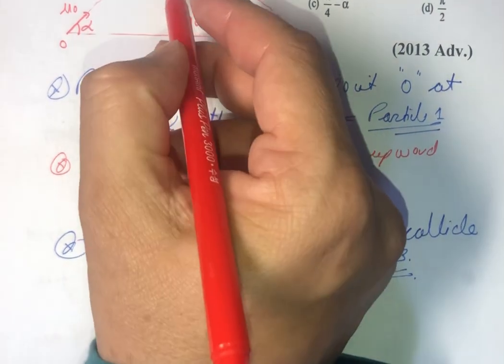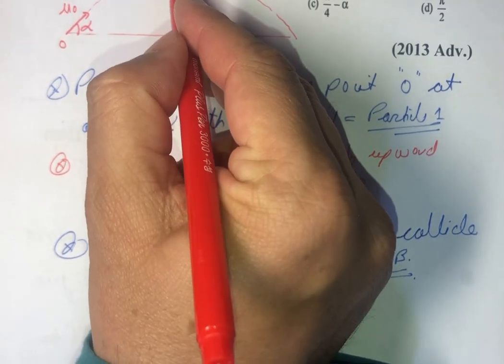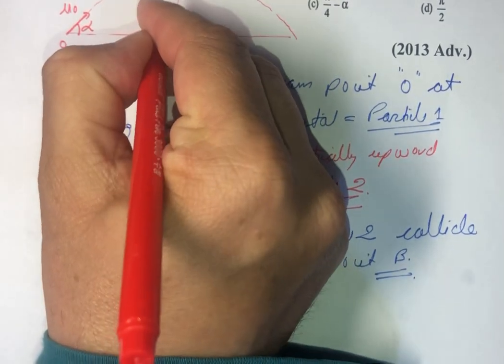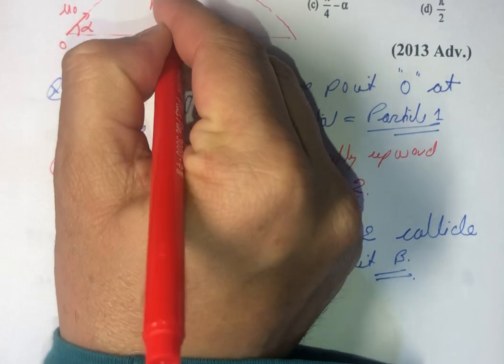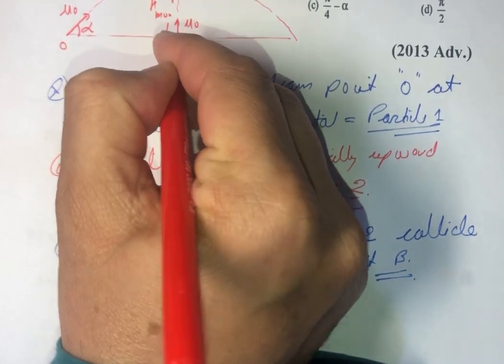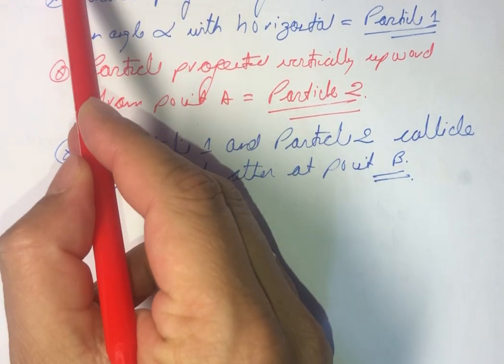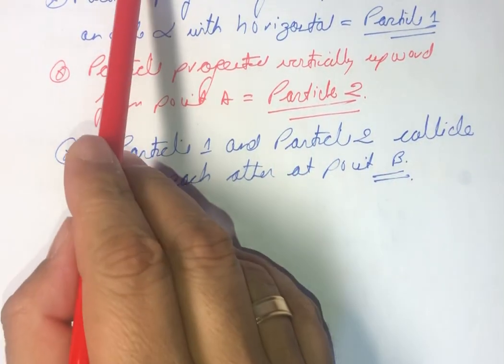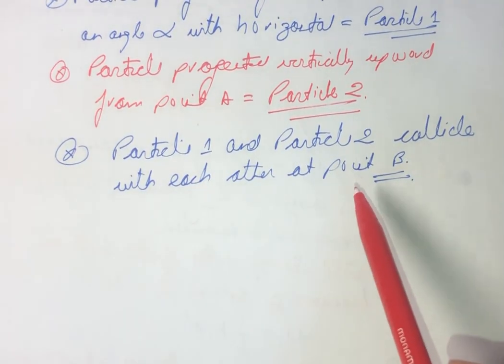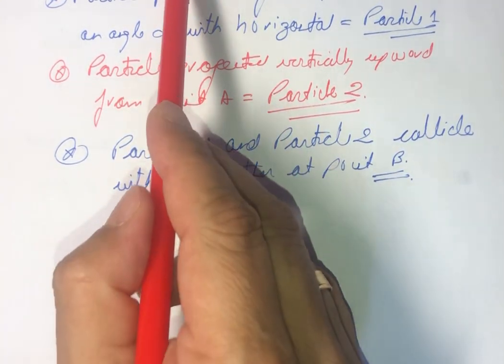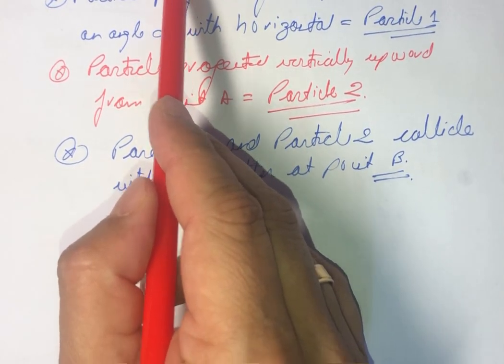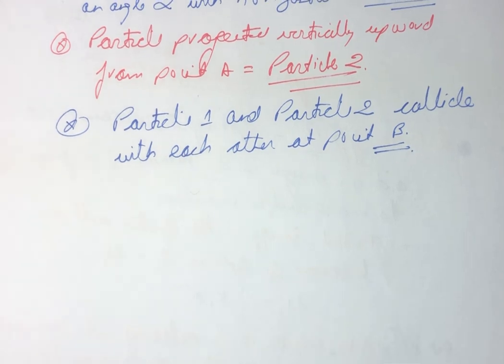So this height will be the maximum height. So this will be h max. It means the maximum height of the projectile, or we can say particle 1, will be h max, as well as the vertical height taken by particle 2 will also be h max.